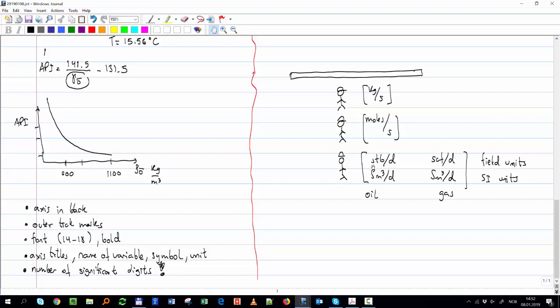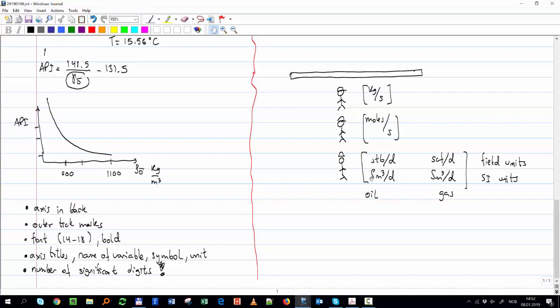But what is very important is the S. If it's a volume without any S, just simply cubic meter, the volume depends, if the fluid is compressible, on the pressure and temperature conditions.